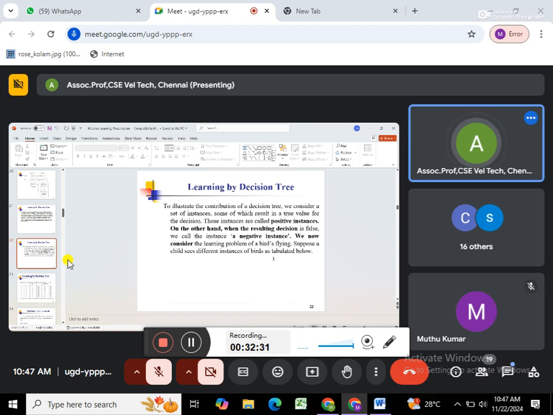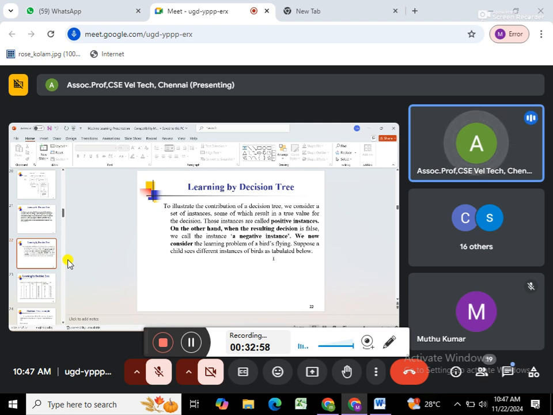How can we train? For example, our aim is to produce many positive instances. Those instances we can say are true values. Whatever new data arises, at maximum we have to produce the positive instances, or the true value. On the other hand, there are the negative instances. We may consider how positive and negative instances play a vital role.